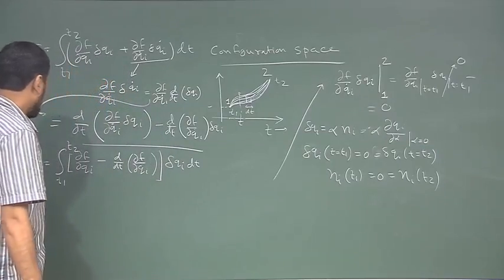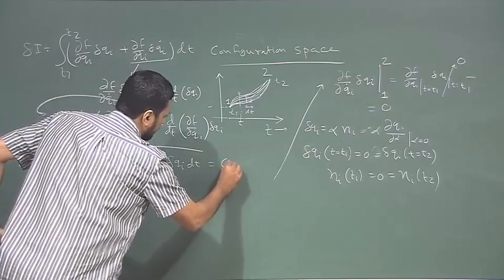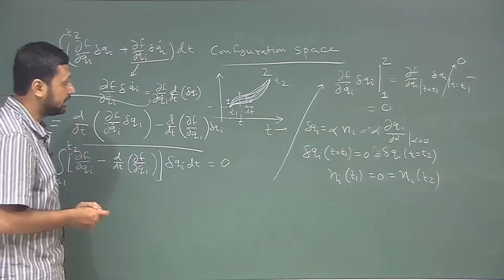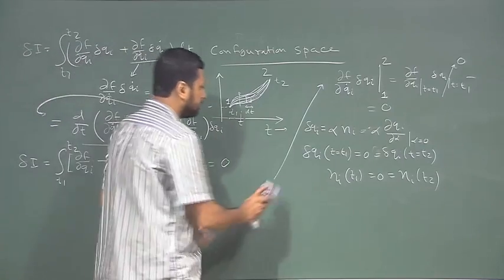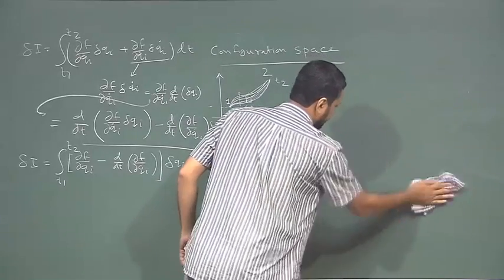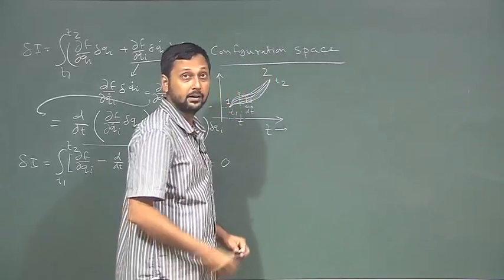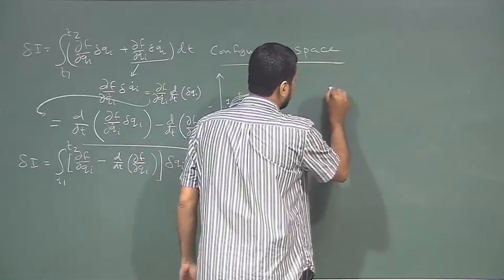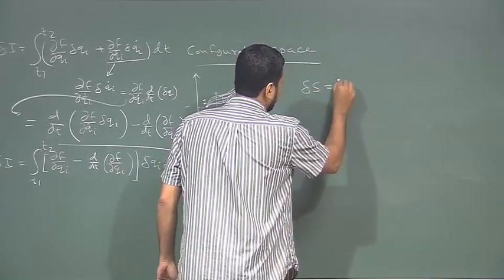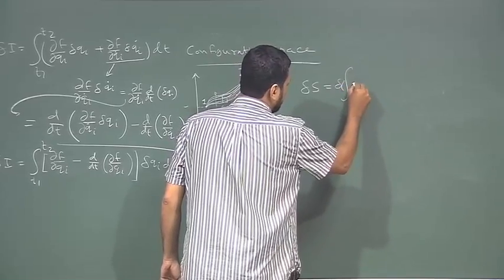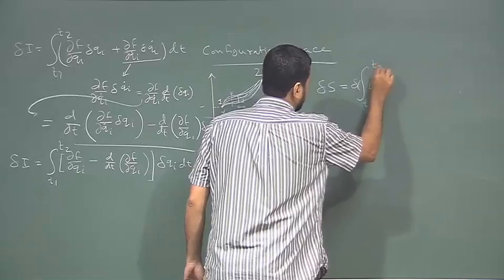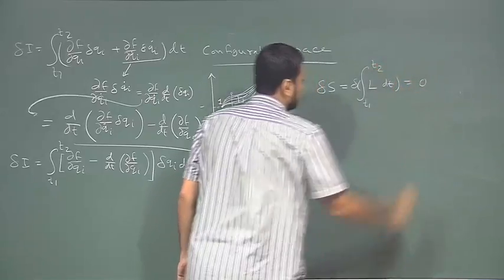Now, delta I is equal to 0, as we see in the variational principle. What is the variational principle? Once again, the variational principle for a mechanical system, which turns out to be true for any other system, is that delta S, which is delta of the integral of L dt between fixed points t1 and t2, has to be equal to 0.